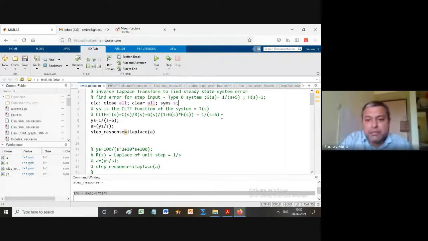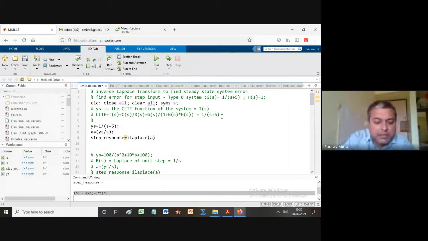So we have found by calculation, by method 2, for unit step input. Unit step input means A is equal to 1. So Kp is equal to 1 divided by 5, because s is equal to 0, so that is equal to 0.2.